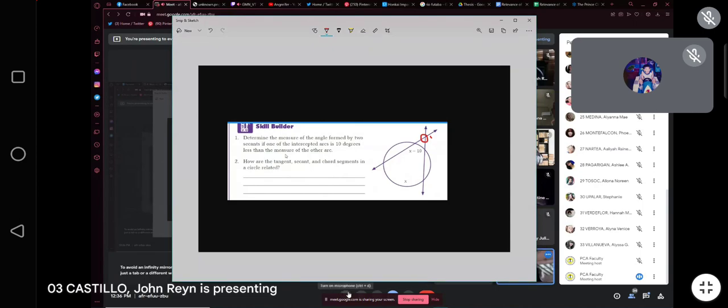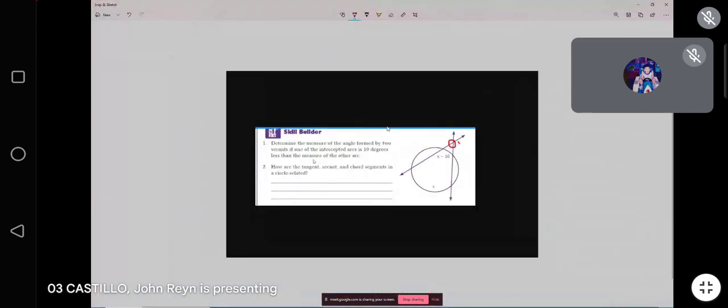Sorry, sir, I don't understand the instruction. Sorry, hold on po. Ang hirap, nakihan ko lang yung aking screen. Baka hindi na tayo magkaintindihan dito. Okay, the angle that you are to solve there is, can you point that, John Rain? Can you create a ray? A line that has an arrow.